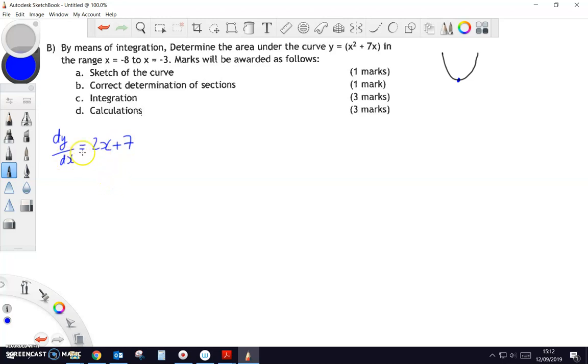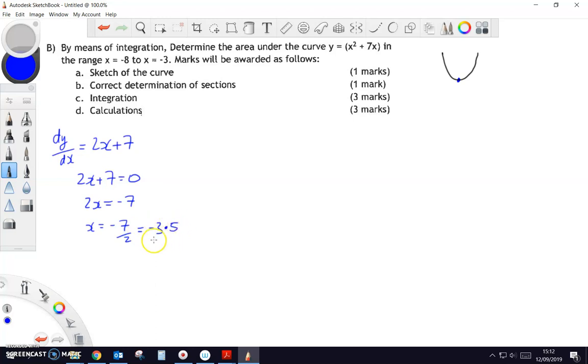Now that we have this first derivative, we equate that to 0 and solve it. So 2x plus 7 equals 0. We solve this for x, so subtracting 7 from both sides, I get 2x equals minus 7. Dividing both sides by 2, I get x equals minus 7 over 2, which is the same as minus 3.5.